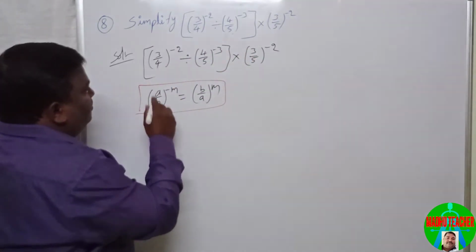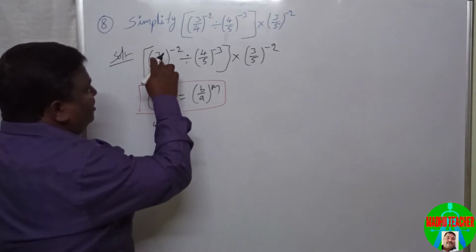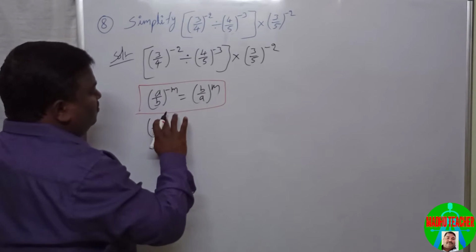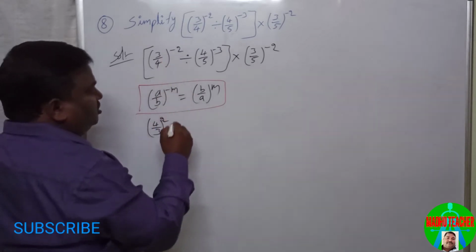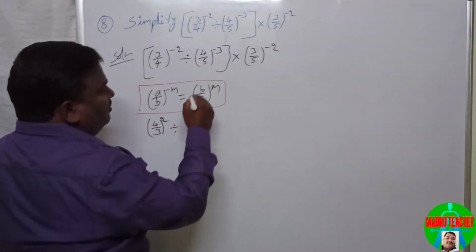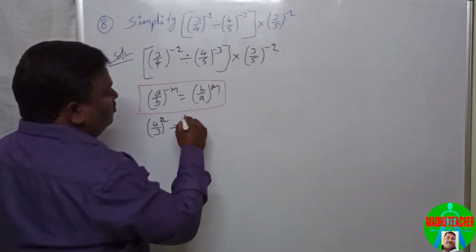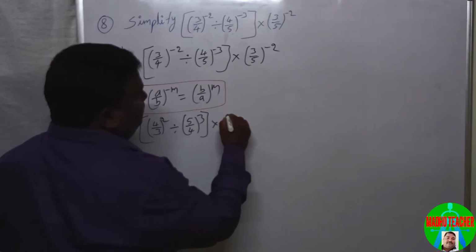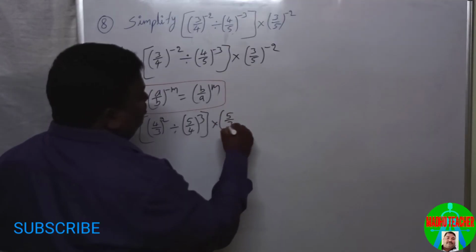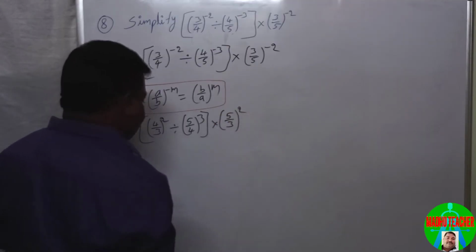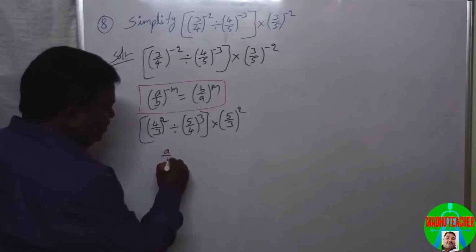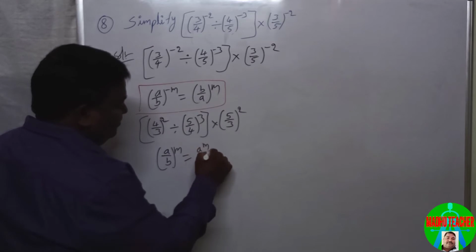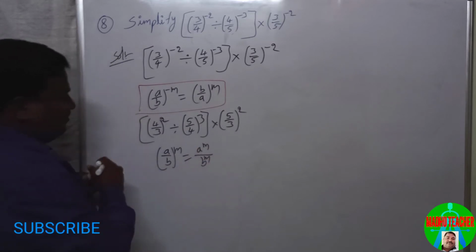So therefore the first one will become, instead of 3 by 4, 4 by 3 whole to the power of only 2. It will become positive, divided by 5 by 4 whole to the power of 3 into 5 by 3 whole to the power of 2. So here, a by b whole to the power of m, you can write as a to the power of m by b to the power of m.